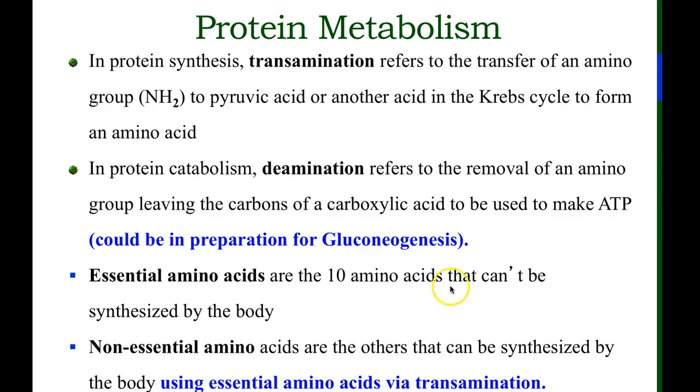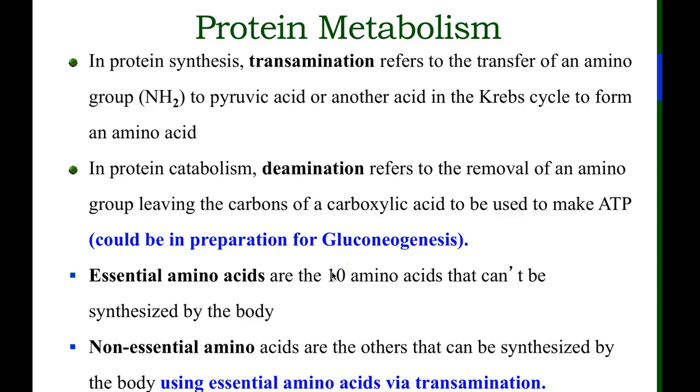All right, let's go here now. Amino acids can be made from other amino acids, and that's sometimes referred to as transamination, just moving that amino group. When you break down proteins, it's called deamination. We talked about that at the beginning when we highlighted the liver functions.